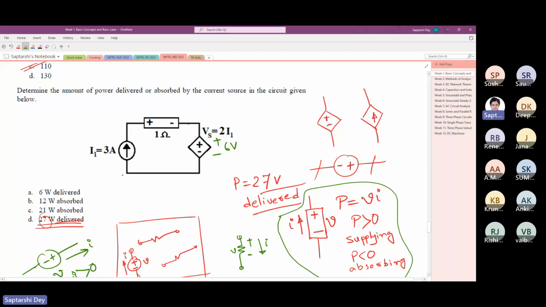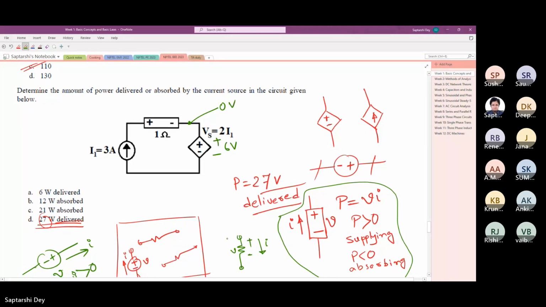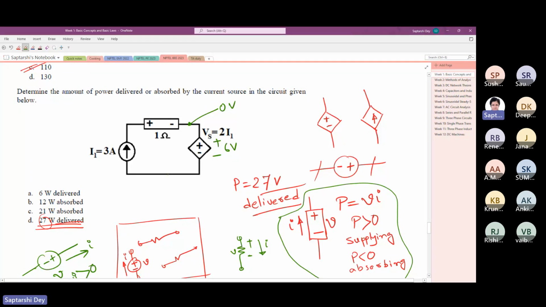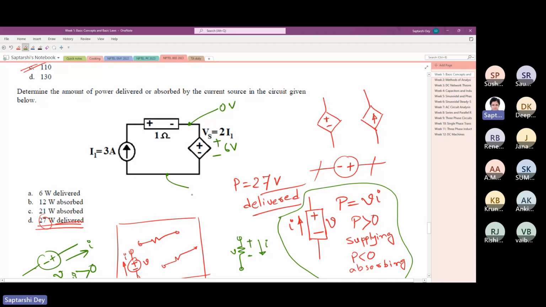Now we'll assume this is the 0 volt point. So if this is the 0 volt point, what is the voltage here? Minus 6 volt.